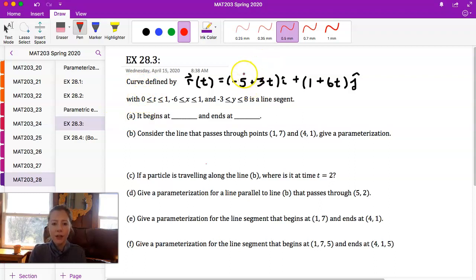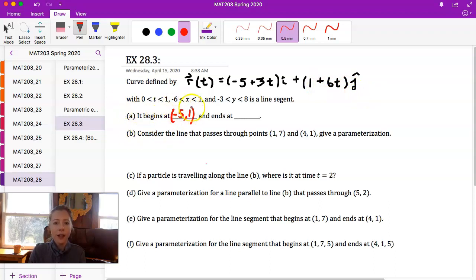To find the starting point, we're going to plug in 0 for time. So minus 5 plus 0 i hat gives us minus 5 for our x coordinate, and 1 plus 0 j hat gives us 1 for our y coordinate.